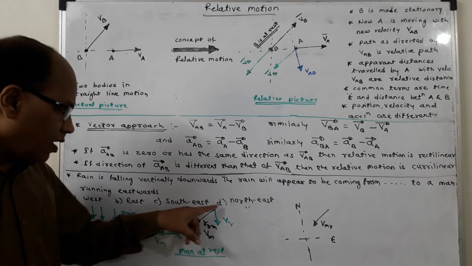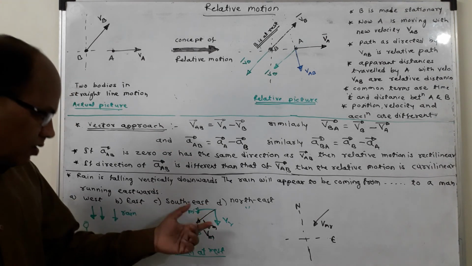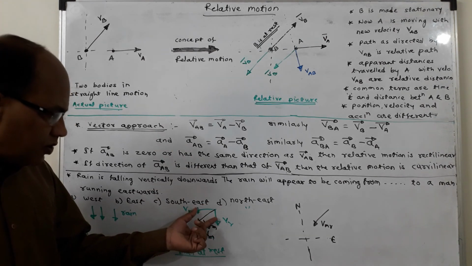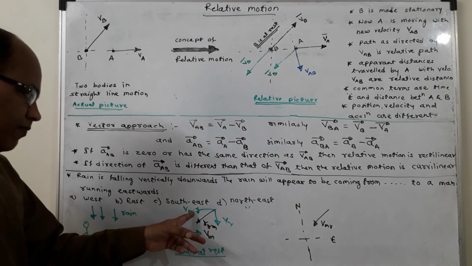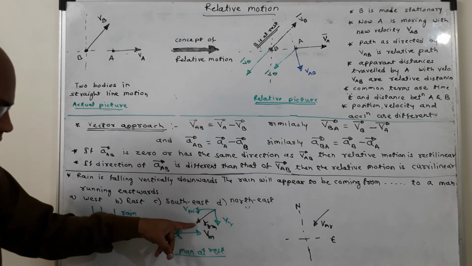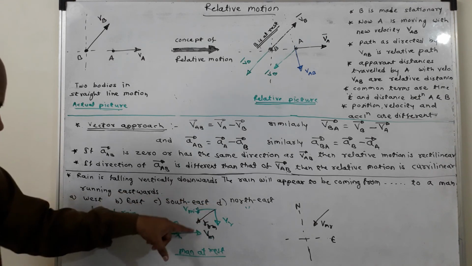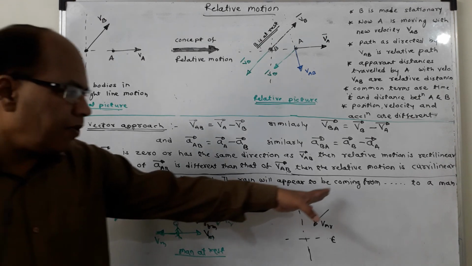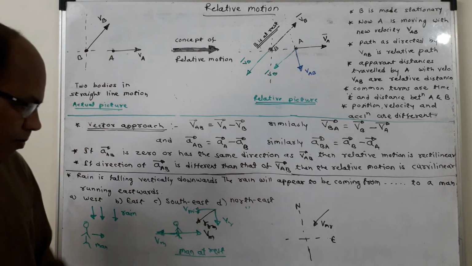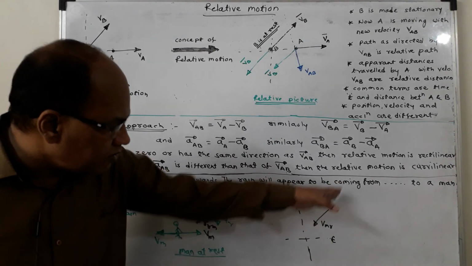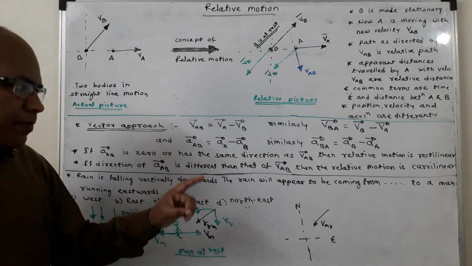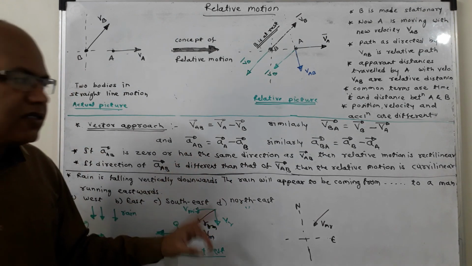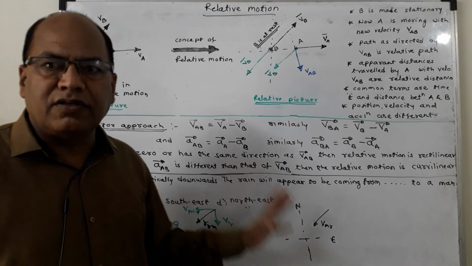So the rain will be subjected to two velocities, its own velocity and the superimposed velocity Vm. The relative velocity will be directed in between, and this is the direction from which the rain will appear to come to that running man who is running towards east. So this direction is northeast. So the rain will appear to be coming from northeast for the man who is running towards east.